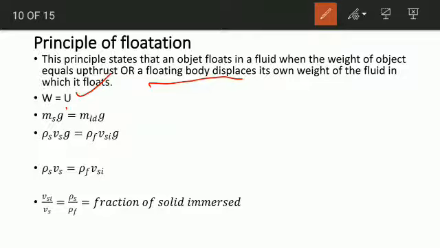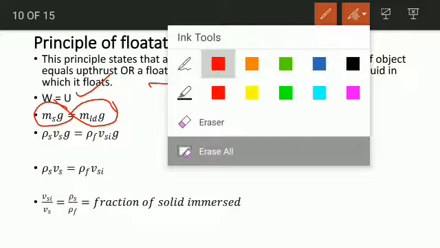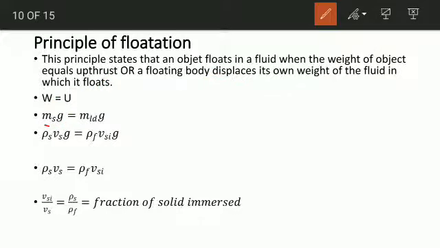Now the weight of the object is mass of the object, or mass of solid, times acceleration due to gravity. But the upthrust is mass of the liquid displaced times acceleration due to gravity. Now both can be rewritten as thus. Since mass is density times volume, we have this.